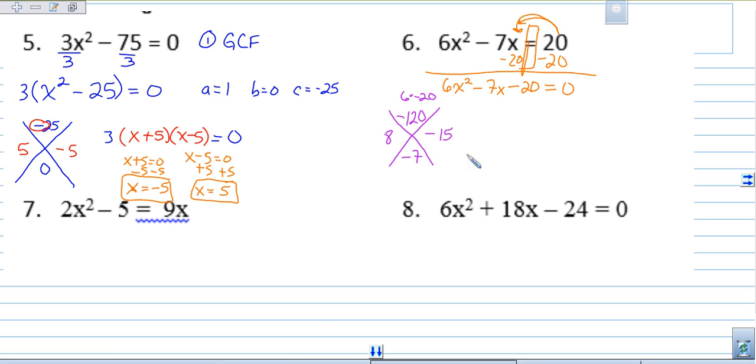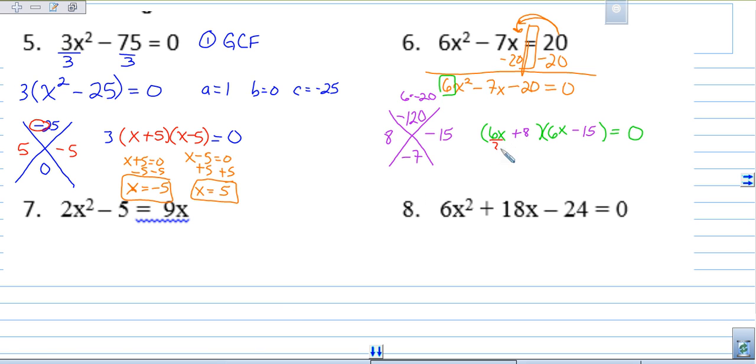Okay? Now this is a part where a lot of people get it wrong because they don't pay attention to the process. So our a is 6. We have to write the 6 here, and then our variable goes on it. Then you bring in that positive 8 and that negative 15. Okay? And then you say, okay, what goes into 6 and goes into 8?